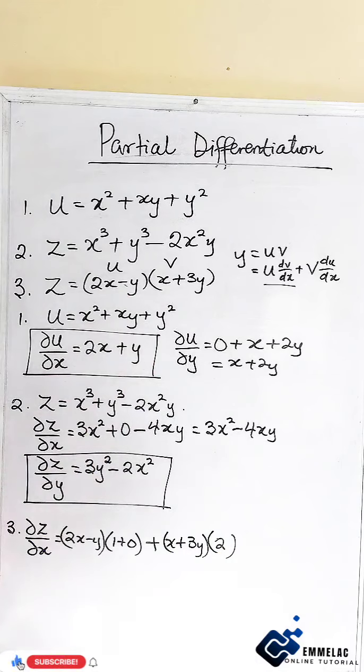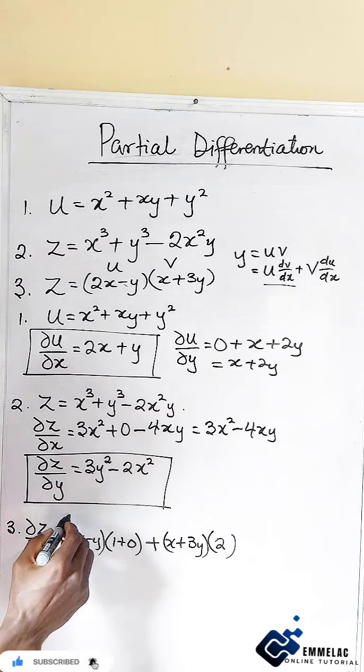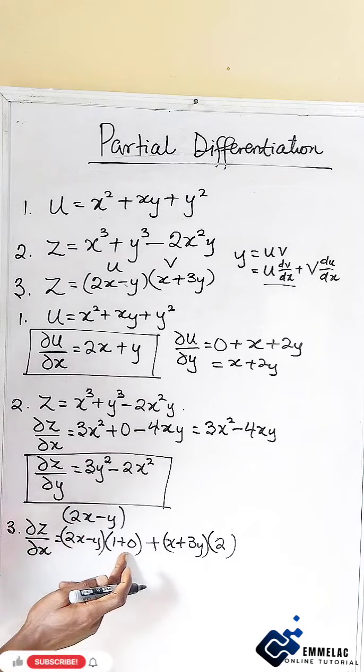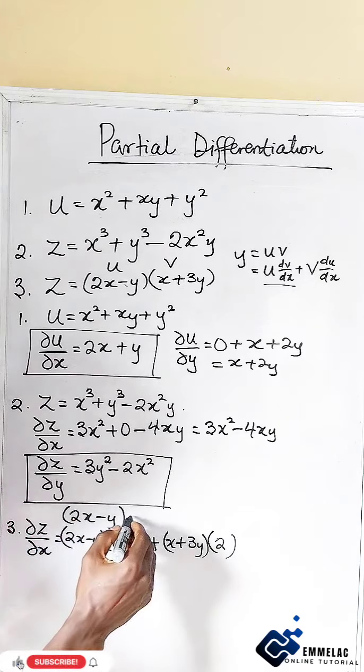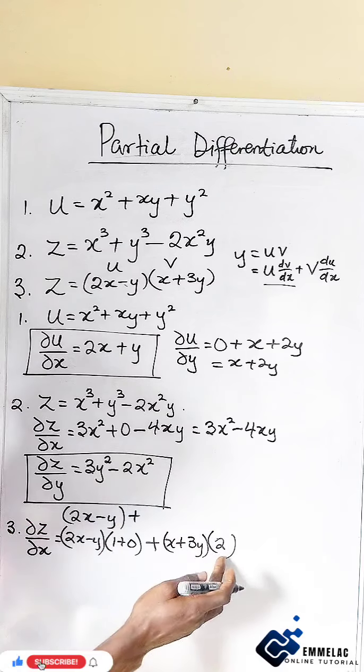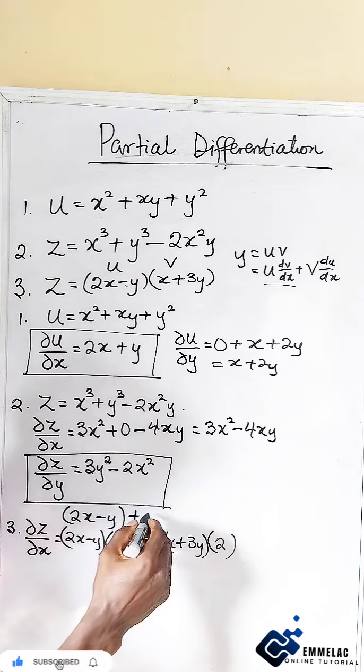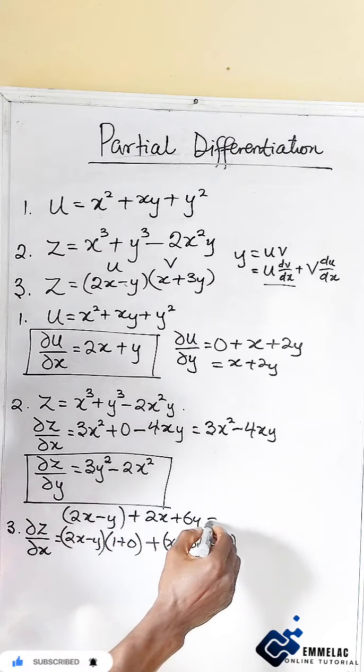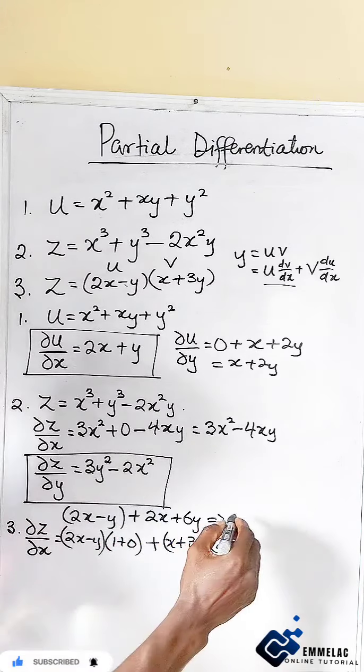So for the sake of space, we have here 2x minus y. Now take note, this is 1. When you multiply, you have this, plus when you multiply through by whatever is in the bracket here, you have 2x plus 6y.